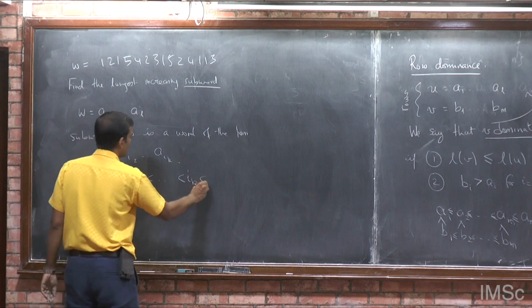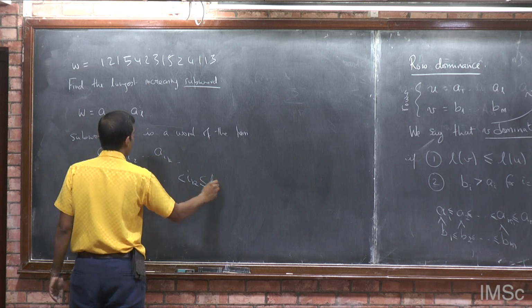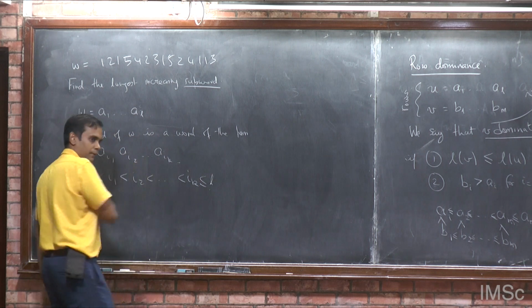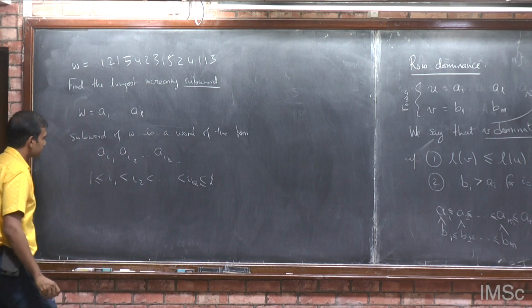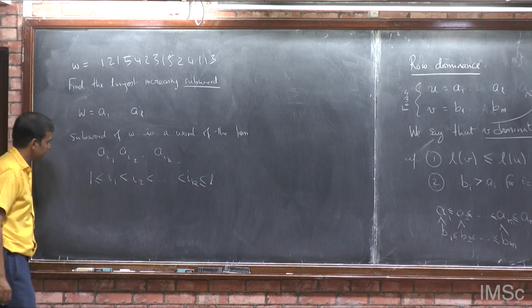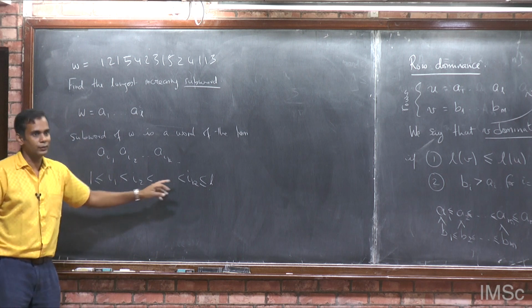This should be less than or equal to l, and this should be greater than or equal to 1. But these have to be distinct, you cannot repeat something.